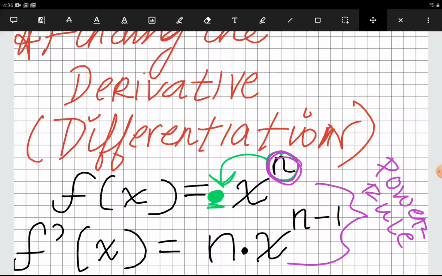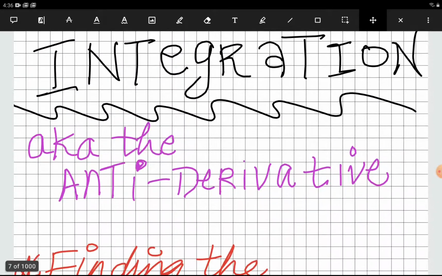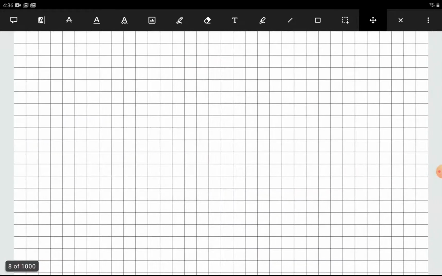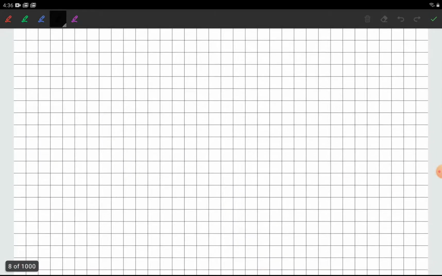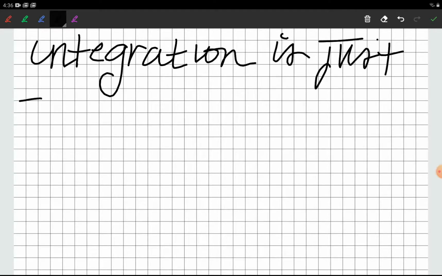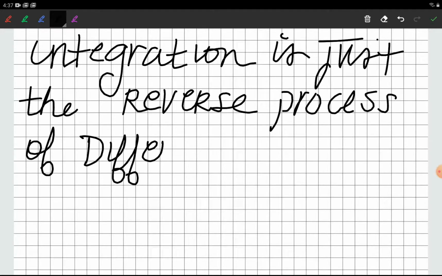So that is what we've been talking about. And so scrolling back up, integration, literally, it's just the reverse process. Integration is just the reverse process of differentiation.